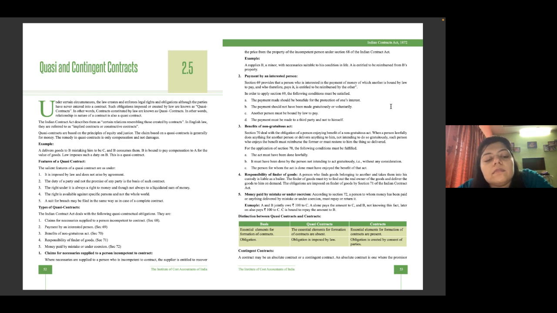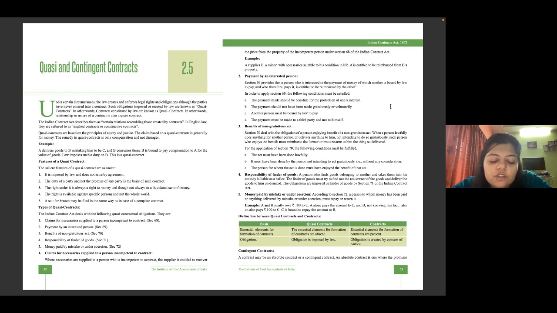Now, there are many types of quasi contracts. Claims for necessities supplied to a person incompetent to contract. Supposing there is a little boy of 8 years who has been left in the house without food for days on end because the father is out of station, couldn't come back because of extremely bad weather conditions.